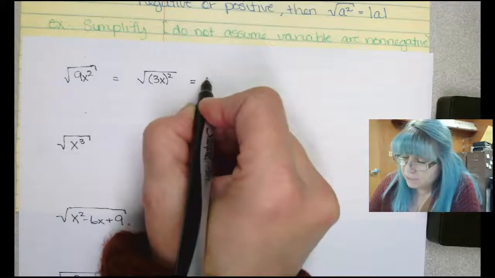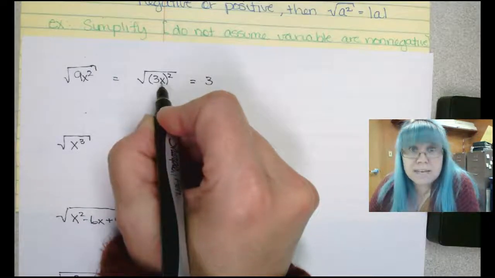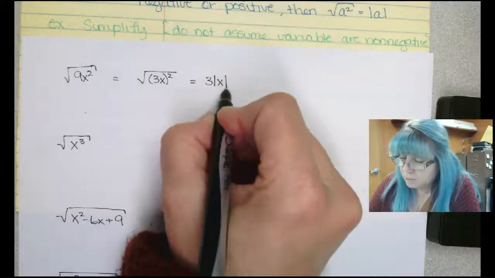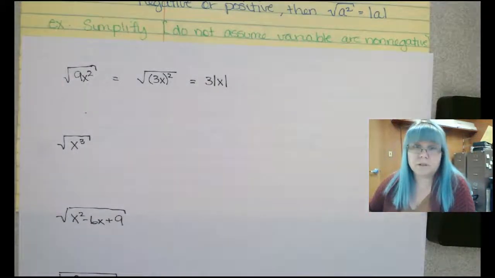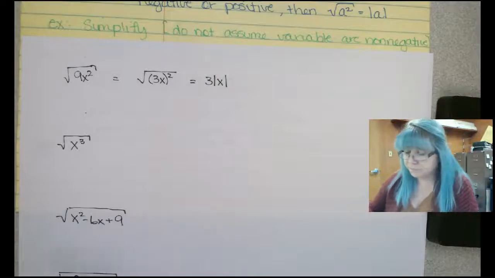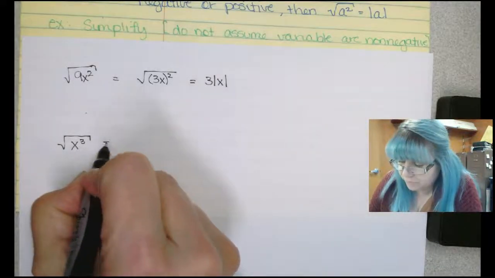Therefore, that's 3, but we can't assume that that x is positive, so we must force it to be positive. The 3 is already positive, so we don't need that in the absolute value markers, just the variables. Okay, let's try another one.